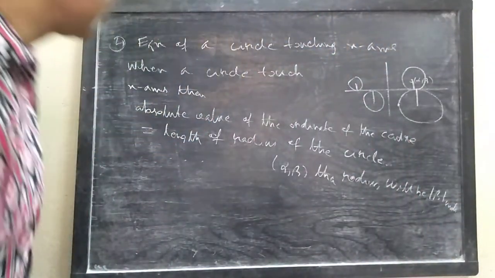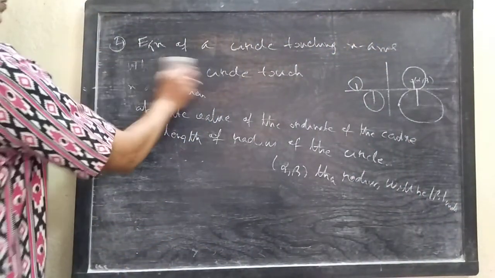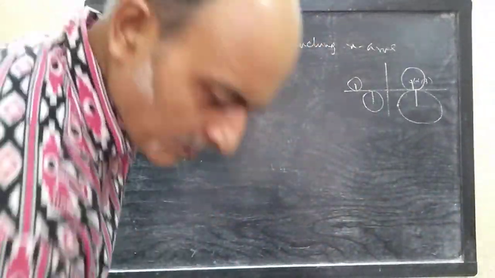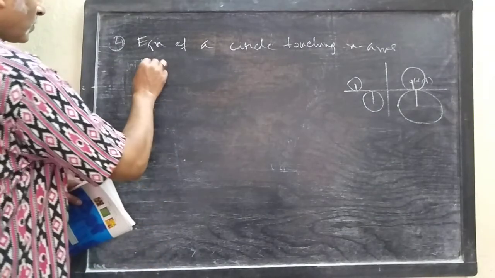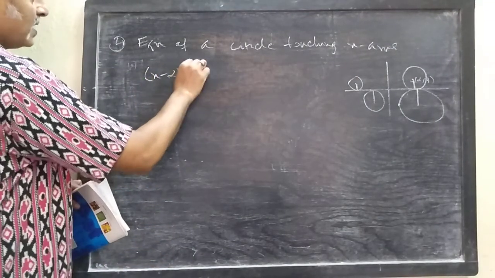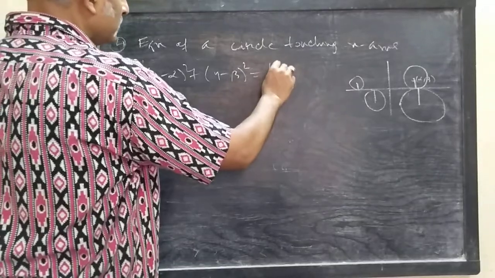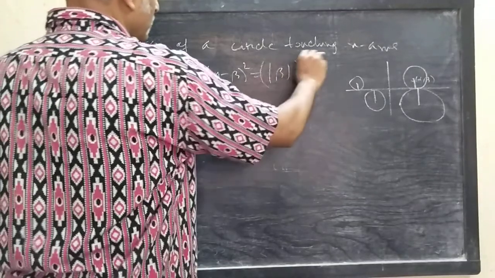So then we can write equation of the circle in this way. x minus alpha whole square plus y minus beta whole square equals mod beta whole square.